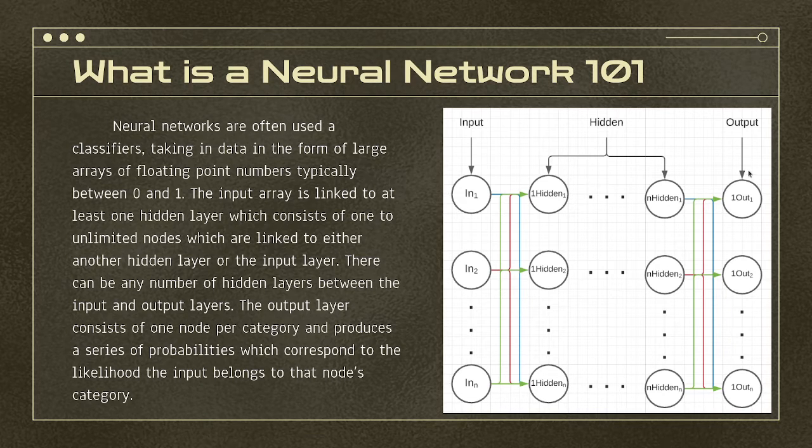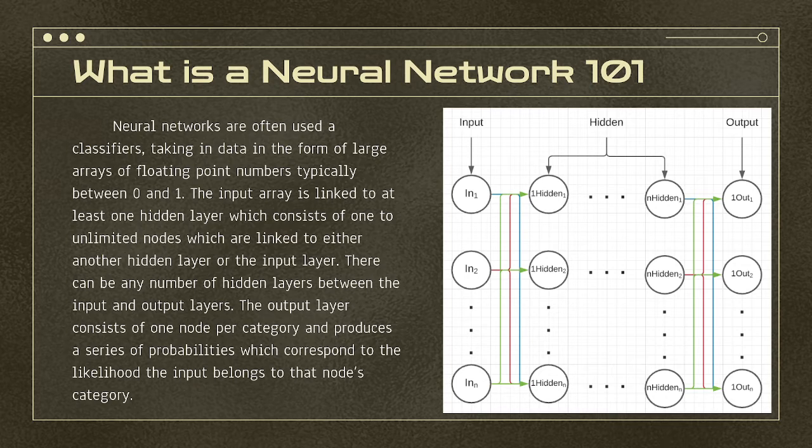Now, these neural networks are based upon having large amounts of input to train with, and each piece of training data is going to be what's called the same shape. So it's going to be an array of floating point numbers.